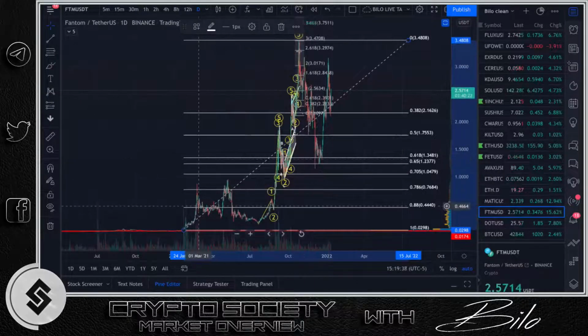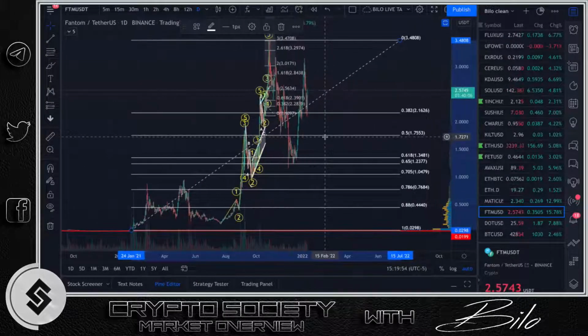After you have a grand cycle wave 5, this is the perfect spot for a bounce, and that's exactly what happened. So it bounced at 61.8, 65, which I said was the region of importance. It's the golden pocket, and we're going up.